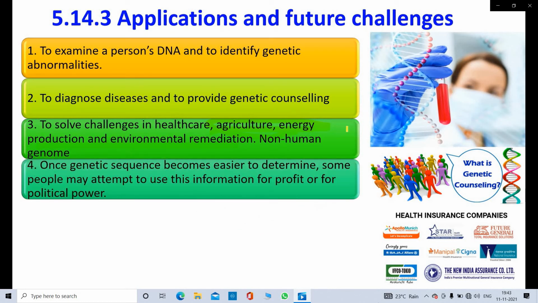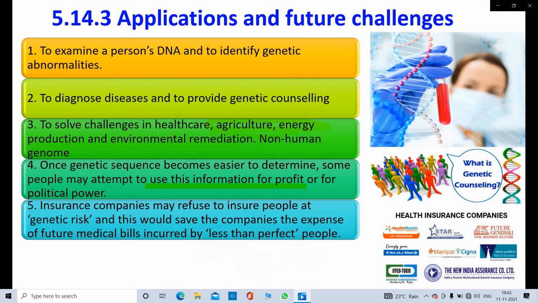And the fourth point is, once genetic sequence becomes easier to determine, some people may attempt to use this information for profit or for political power. And the fifth point is about the insurance companies. It is a very interesting point: if there is a genetic risk that is known by the insurance companies, then what will happen? They won't approve the policies. That is the meaning of this fifth point.